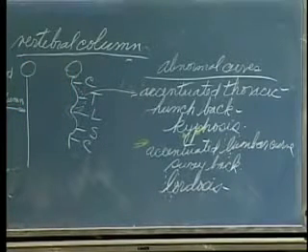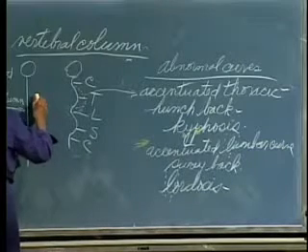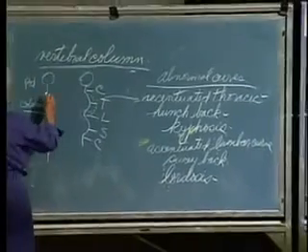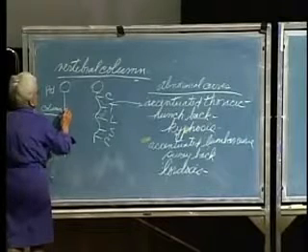Now we also have a deviated lateral curve. So if this is my column, this is posterior, I can have a curve that's going this way.